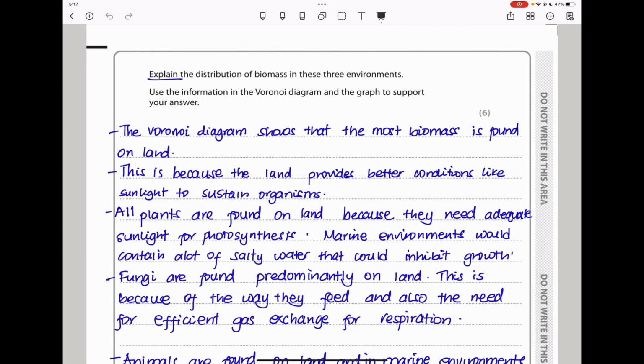So let's continue. So here I said the Voronoi diagram shows that the most biomass is found on land, and this is because the land provides better conditions like sunlight to sustain the organisms.